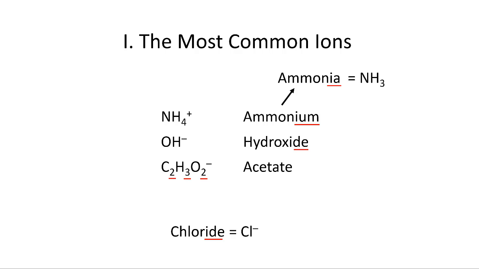So try to remember that acetate has C, H, O for carbon, hydrogen, oxygen, and that the pattern is 2, 3, 2. And remember that acetate has a -1 charge. This should help you. Okay, so those are the most common ions.